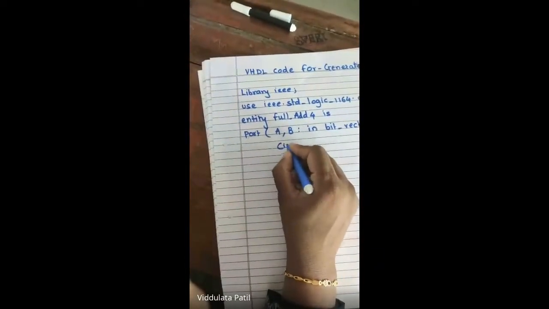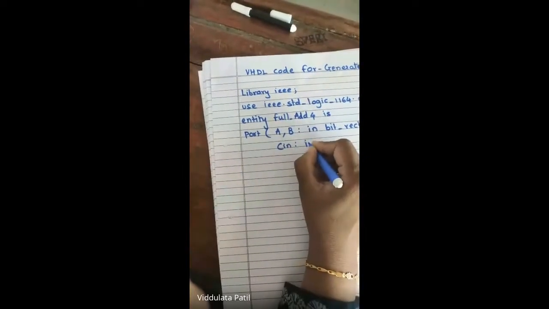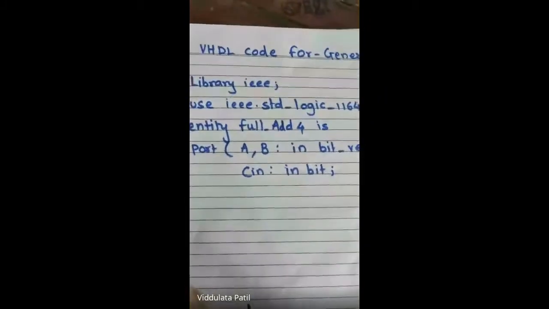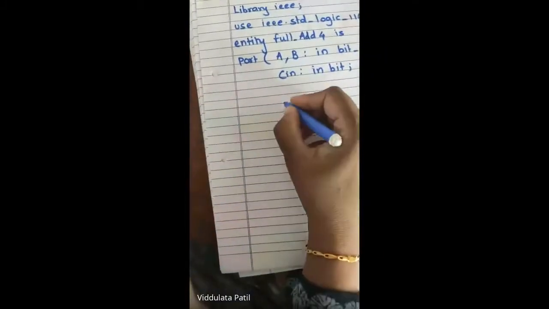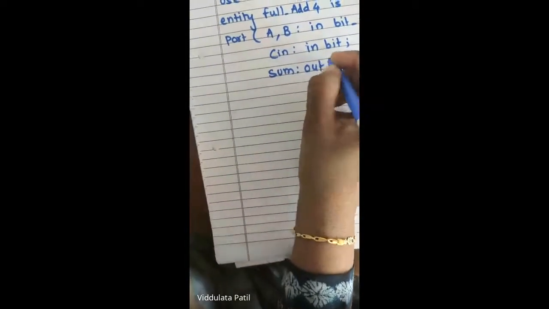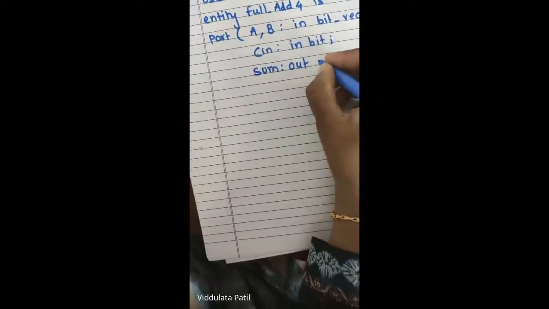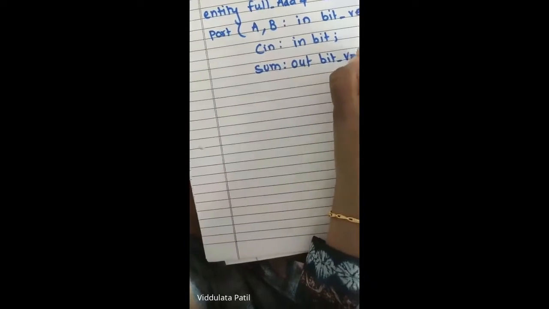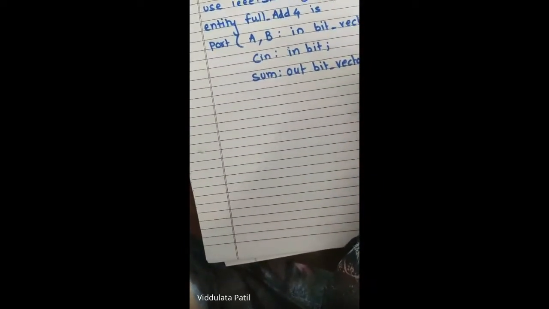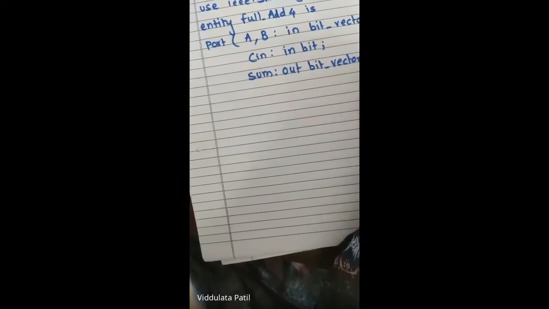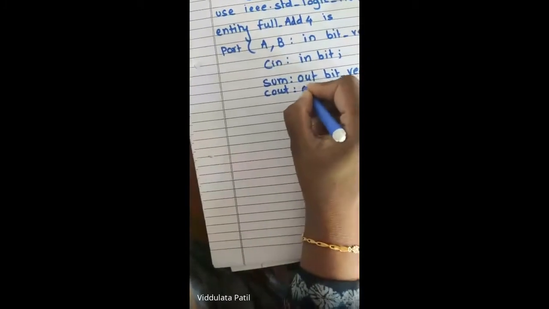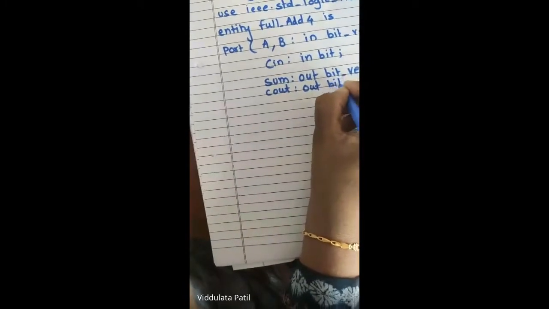Then cin, which is input bit. Okay, then sum, which is the output, and it is again a bit vector, which is of 3 down to 0. Okay, and cout, that is out, and it is a bit type.